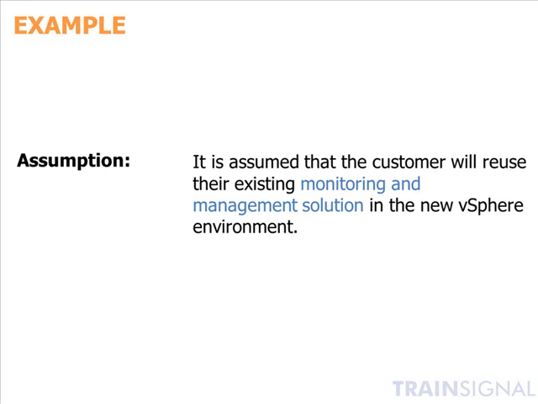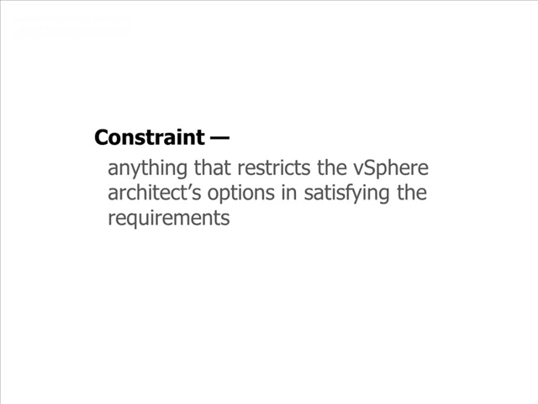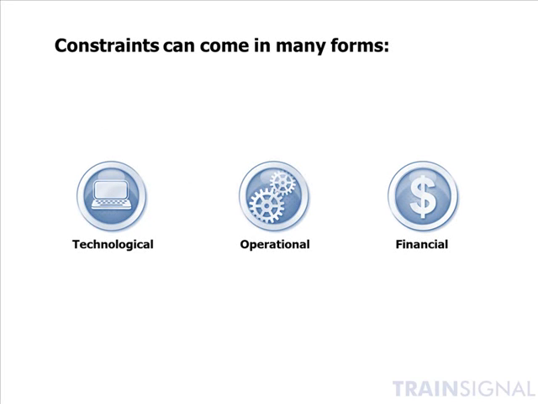The last design factor we're going to discuss is a constraint. A constraint is very, very similar, might even be considered identical, to a non-functional requirement in that it restricts the vSphere architects in satisfying the requirements. It controls or constrains the options that you have as a vSphere architect in how you go about satisfying the functional requirements. Now, like requirements, like risks, constraints can come in many different forms.